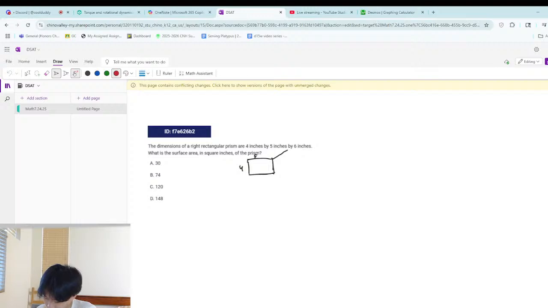So this should yield us the answer. I would say the answer is D for this question. It's really just drawing it out and understanding the concept of surface area, and you can definitely get the answer to this question.